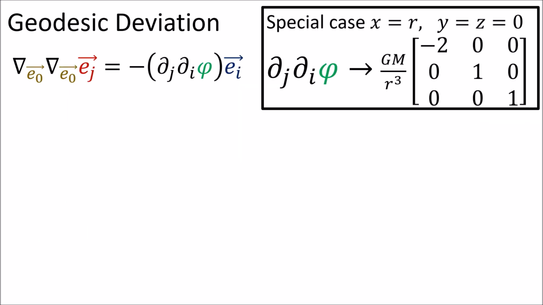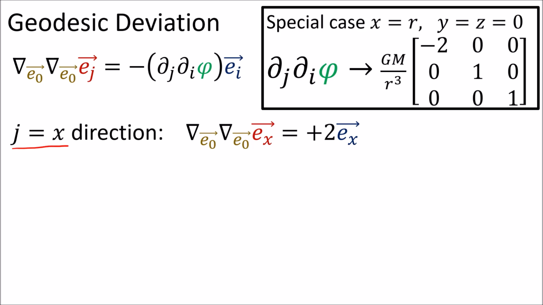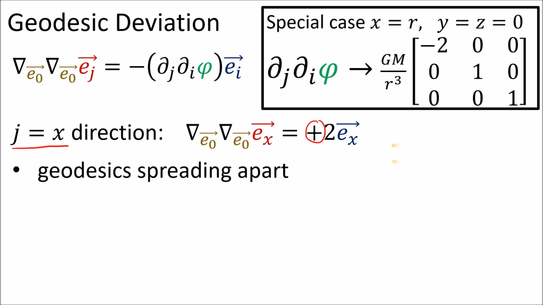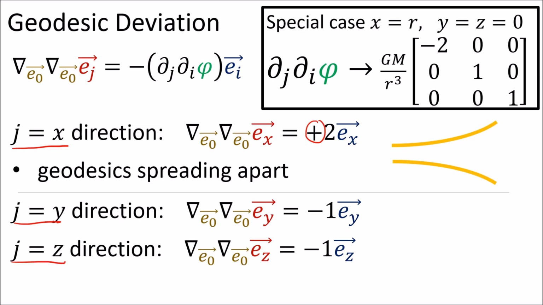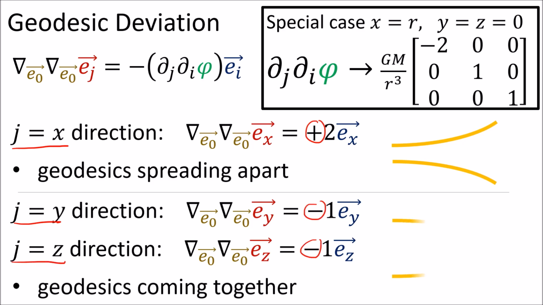Using the matrix we just calculated for a point on the x-axis above the Earth, this tells us that the x direction has positive geodesic deviation, meaning geodesics are spreading apart in the x direction. But the y and z directions have negative geodesic deviation, meaning the geodesics are coming together in the y and z directions.